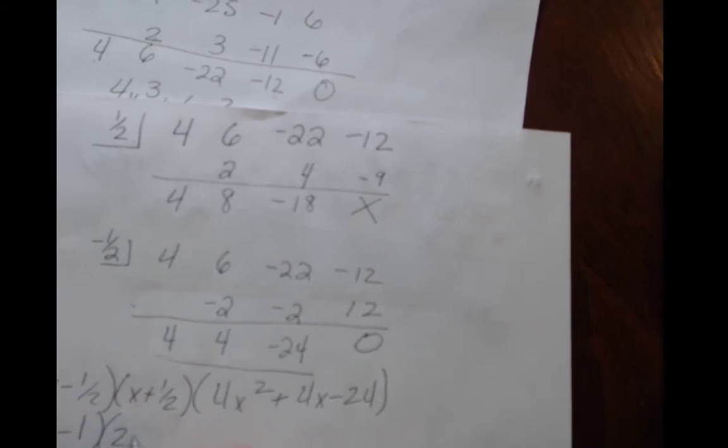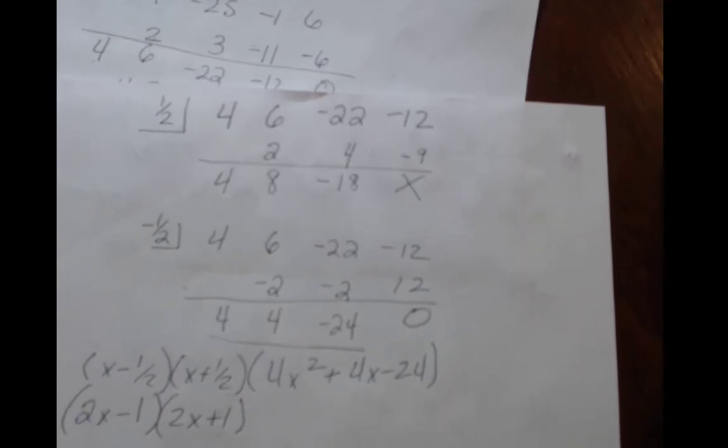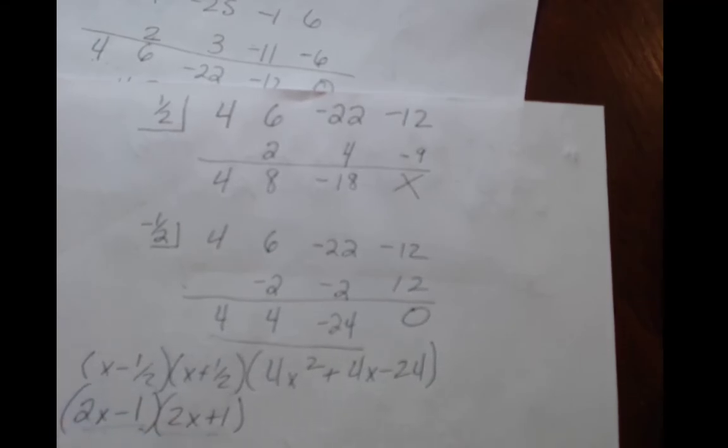Pause it if you're having trouble with it. But if you solve 2x plus 1, do you get the answer of negative 1/2? And if you solve 2x minus 1, do you get the answer of positive 1/2? So those can be written that way. If you're using an online system and this isn't working, try this.